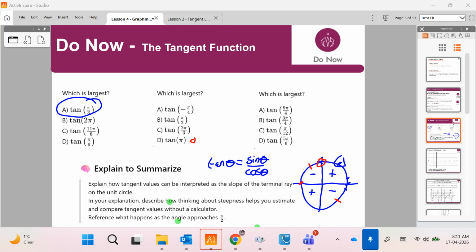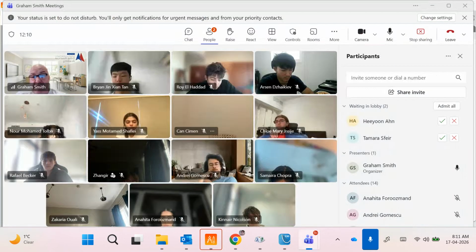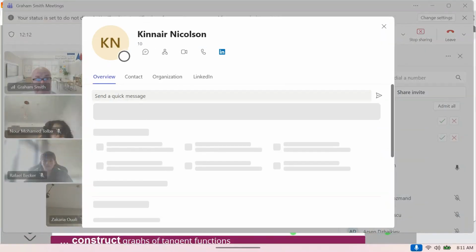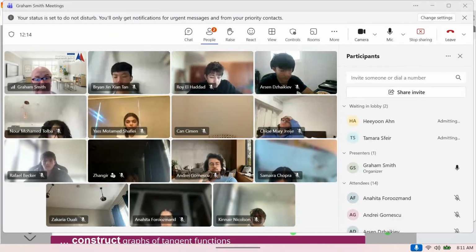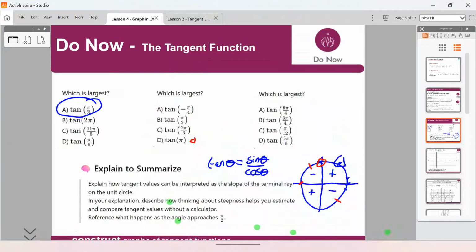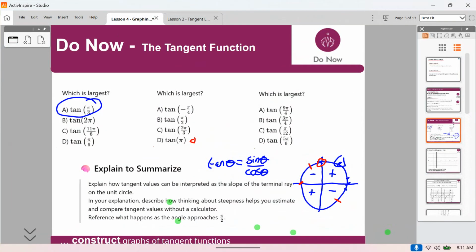This one is going to be, what have we got? This one's going to be 0. This one's going to be negative. This one's going to be negative. And this one is undefined. So the largest here has to be that one, even though it's 0. All right, let's move on.